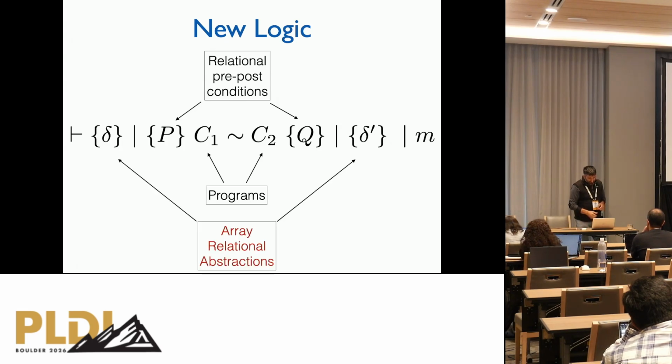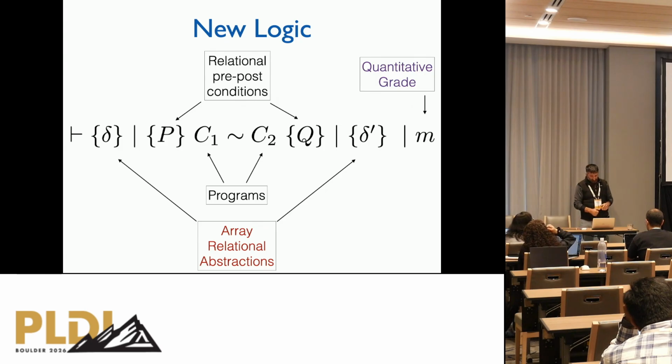Now the part that is more interesting is we add this relational abstraction, so that we can use an abstraction that is specific to the kind of reasoning we want to do. In the case of cost, for instance, like before, we can reason about differences in arrays, but we can reason about different abstractions. And then we have a quantitative grade to keep track of quantitative properties.